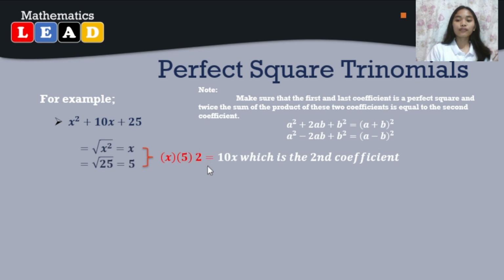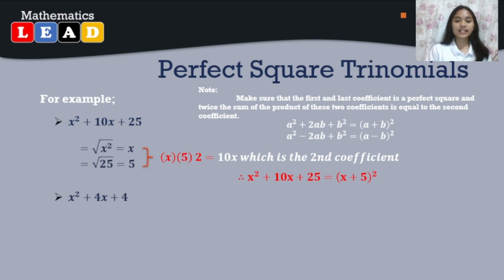And if the product of this equation will be equal to our second coefficient, then we can say that it is a perfect square trinomial. So therefore, x squared plus 10x plus 25 is also equal to the quantity of x plus 5 raised to 2.